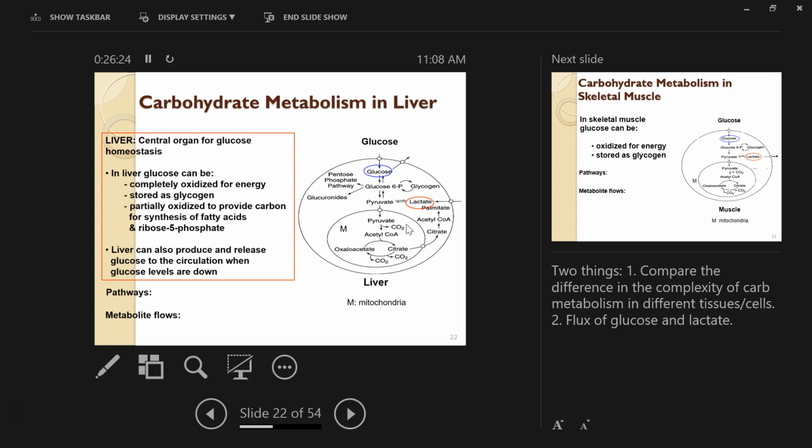For example, when you see glucose being released into the circulation, this should be the liver cells. Liver will be able to release glucose, either from glycogen breakdown or gluconeogenesis.